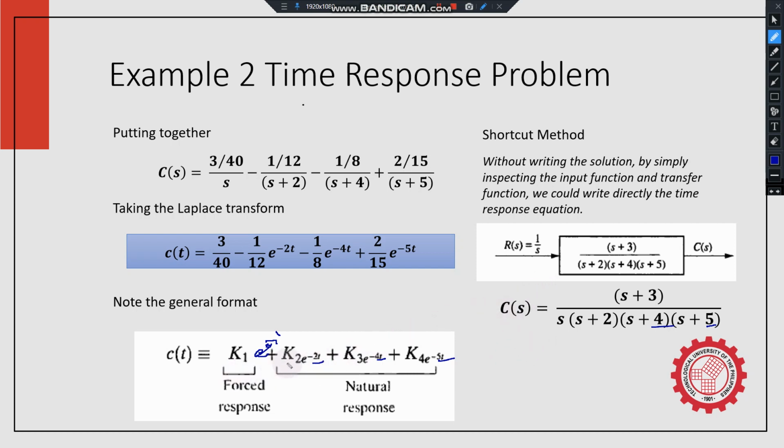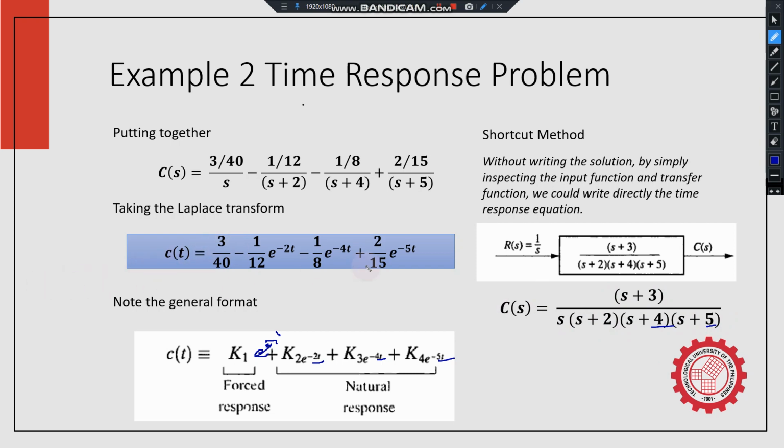And how do we solve for the coefficients K1, K2, K3, K4, and so on? If we're solving for K1, the denominator of K1 is s. So eliminating s and setting the other s values equal to 0, 0 plus 3, that's 3.